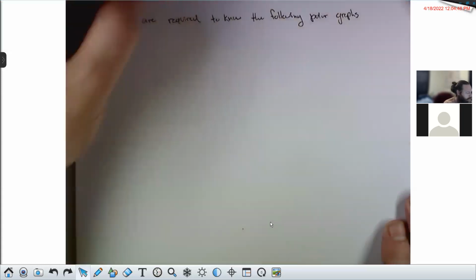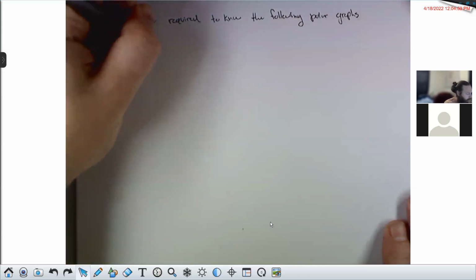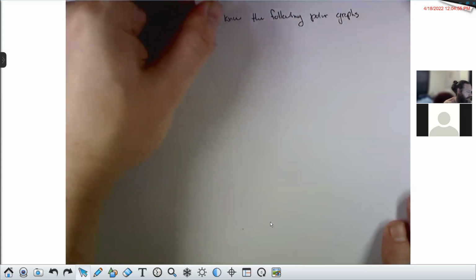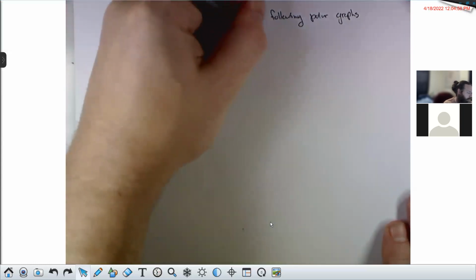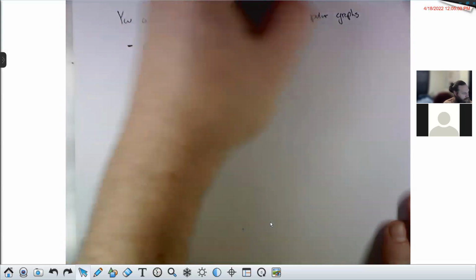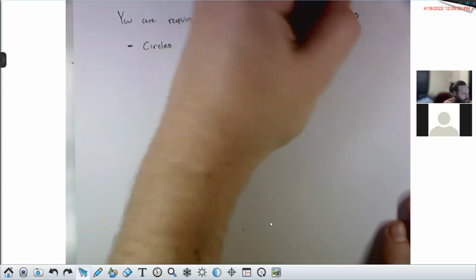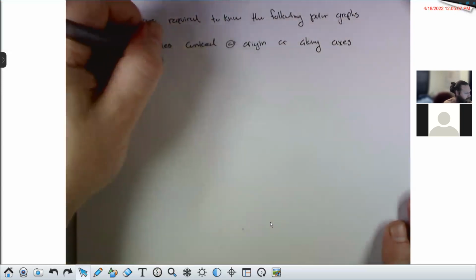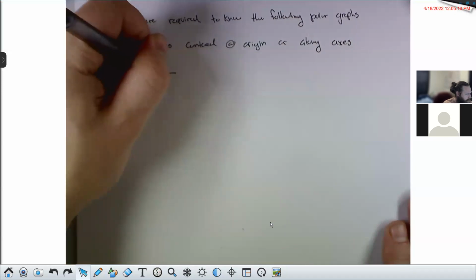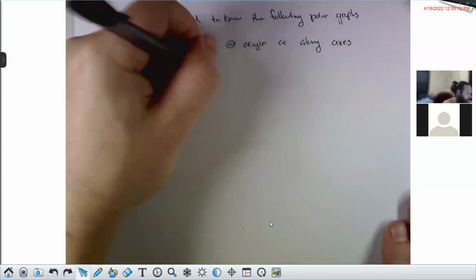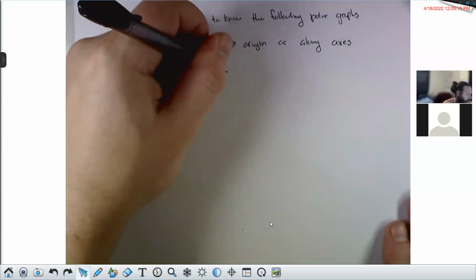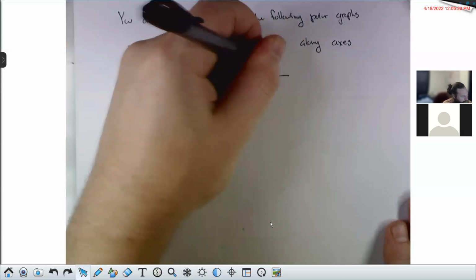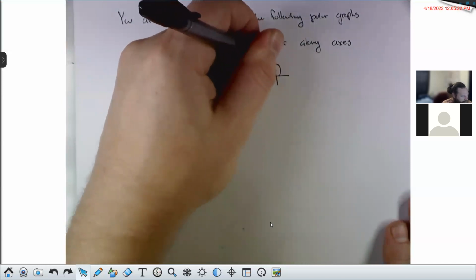In polar coordinates, I expect you to know circles, either centered at the origin or along the axes. Right, so stuff like this or this or this.